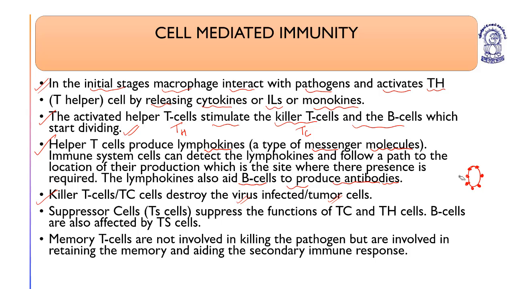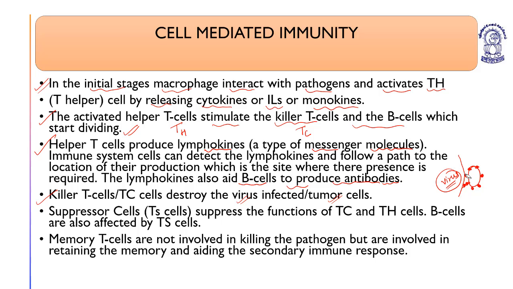These antigen receptors can attach to the surface of the virus. So these cytotoxic T cells, or killer cells, have antigen receptors on their surface which help them to connect with the virus cell.